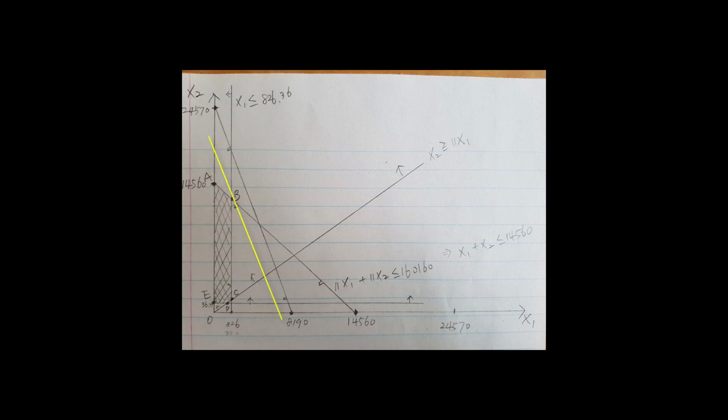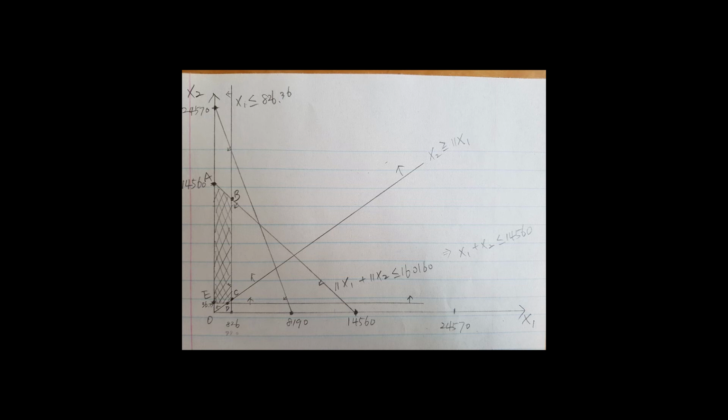So we find that B should be the optimal point that you want to choose as the solution. Going back to the objective function, the bigger x1 is, the bigger z is. So therefore B is the solution.